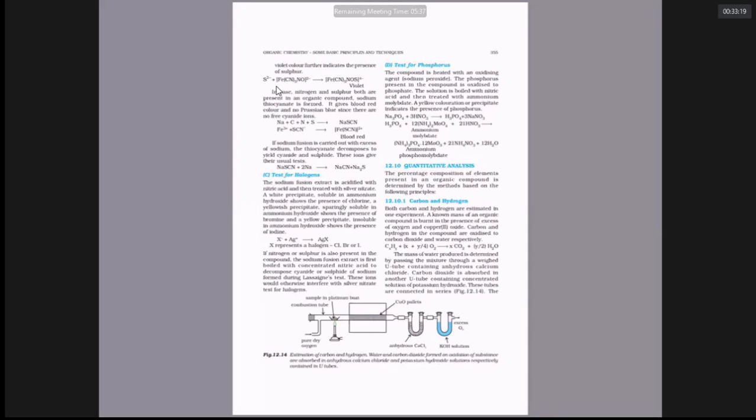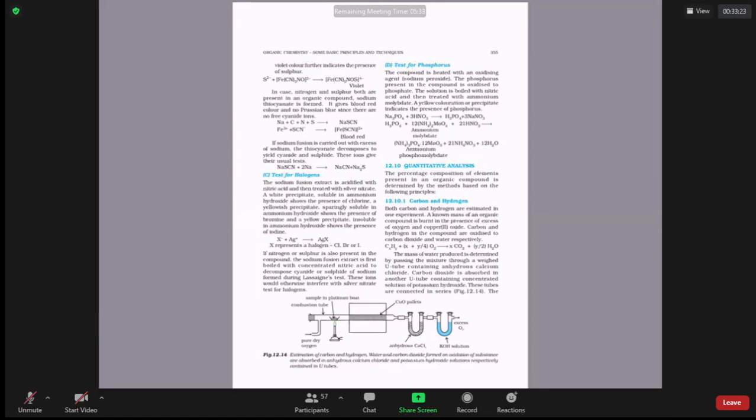Yeah, we got it open. Thank you. Yes. Let me see whether it moves. This is the page I wanted to discuss with you.